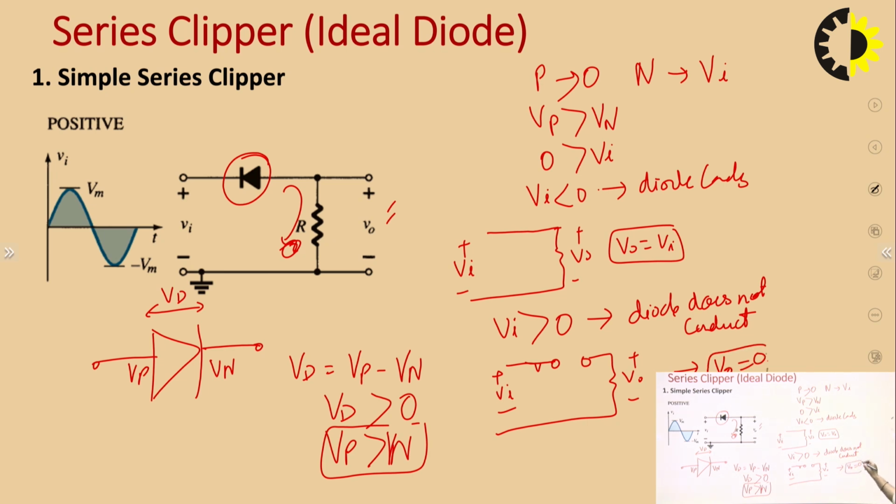So when the diode conducts, the output is equal to Vi, and when the diode does not conduct, the output is equal to 0.